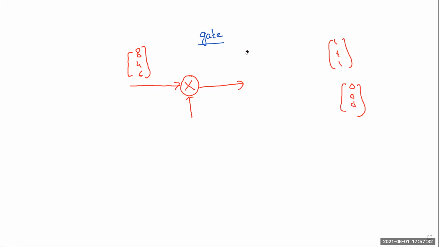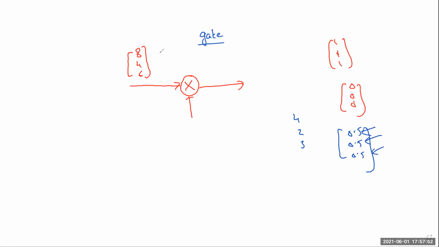And you can also say, okay, I want 50% of the information to flow. So you can have 0.5, 0.5, 0.5. Everything would be half. You will be getting 4, 2, 3. And you can have different numbers at every position.